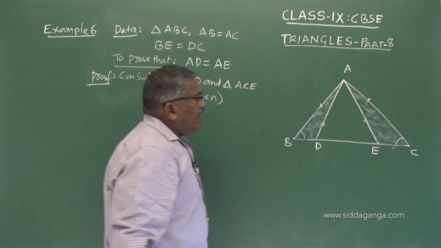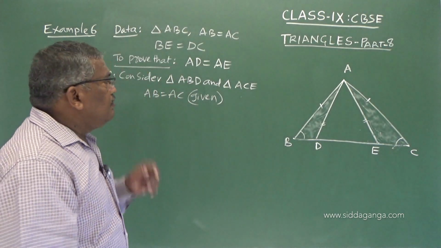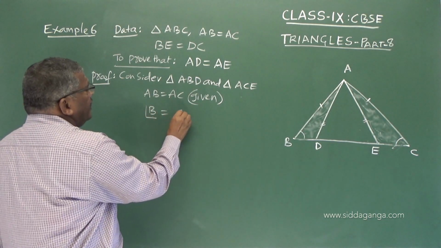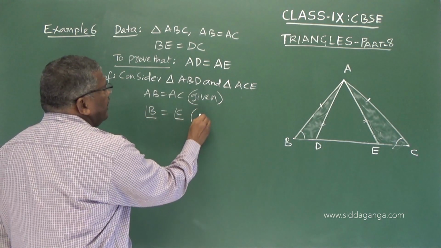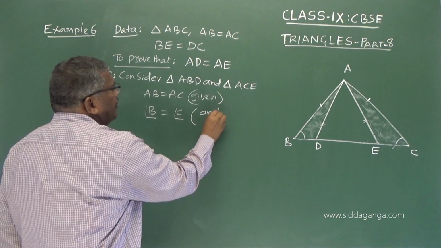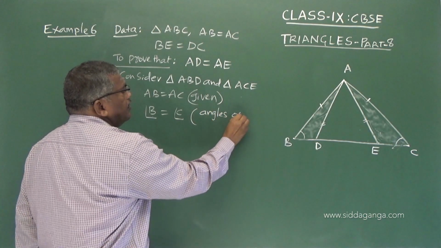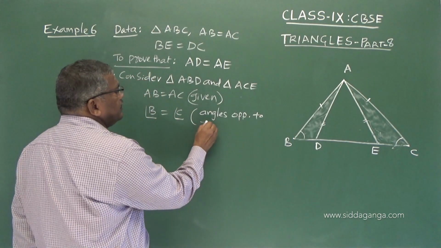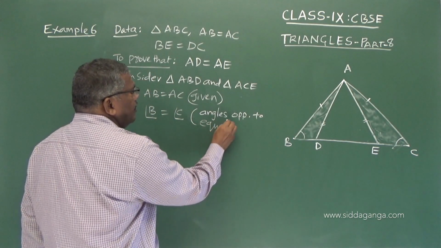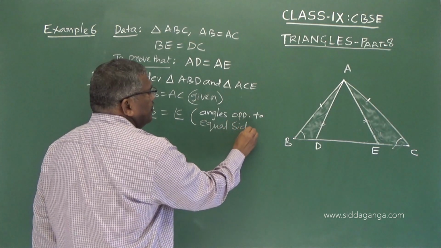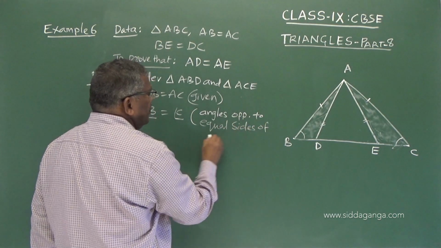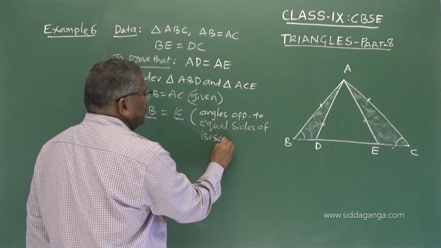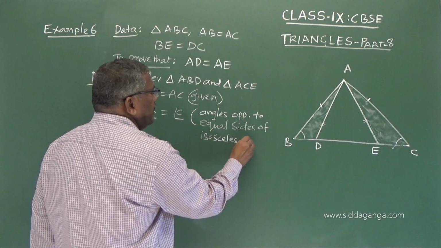So, therefore, angle B will be equal to angle C. Angles opposite to equal sides of isosceles triangle ABC.